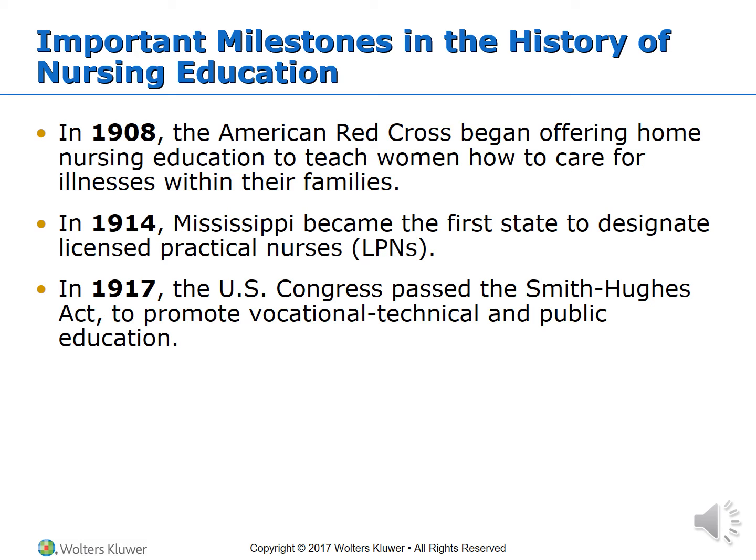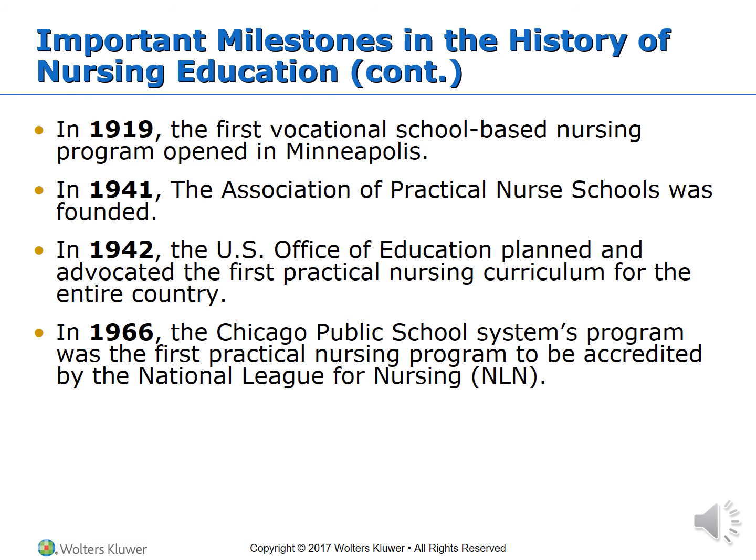And then in 1917, the U.S. Congress passed the Smith-Hughes Act to promote vocational, technical, and public education. In 1919, the first vocational school-based nursing program opened in Minneapolis.